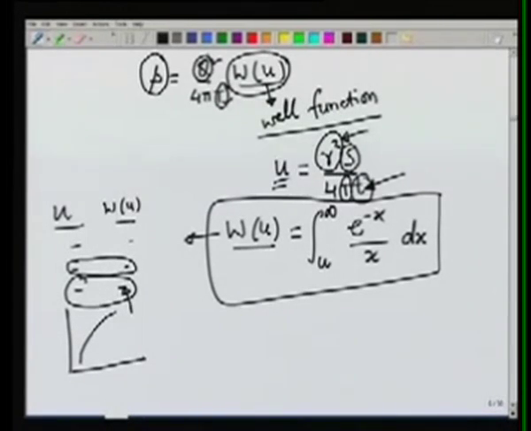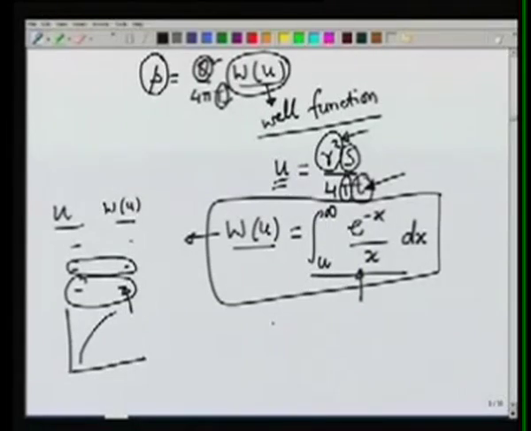If you look at this expansion of the exponential function, we can expand W(u) in terms of an infinite series, and that series is written as minus 0.5772 minus ln u plus u.